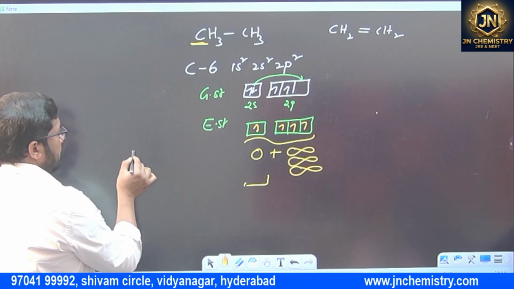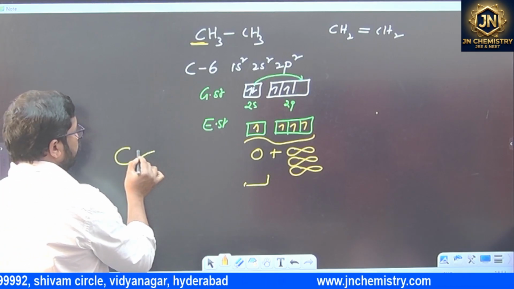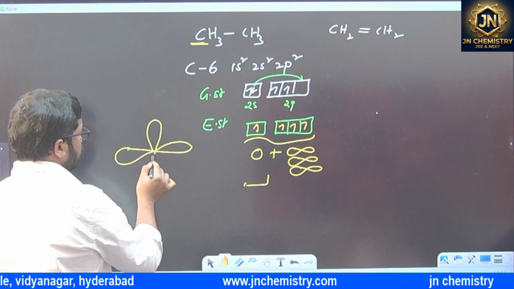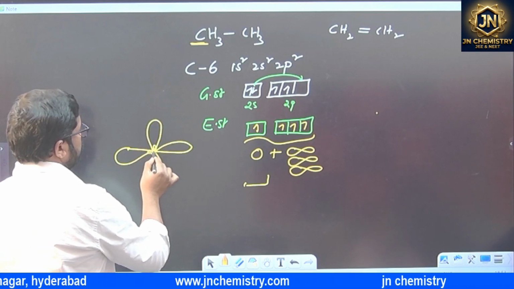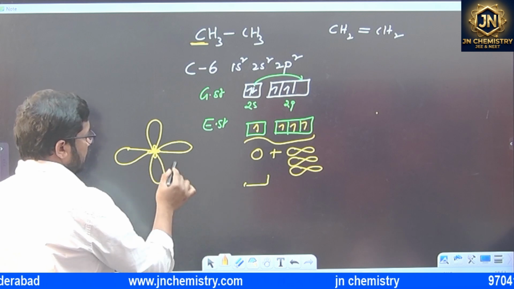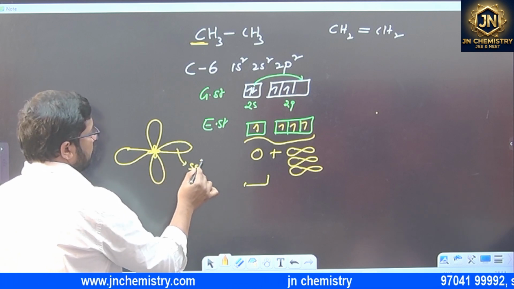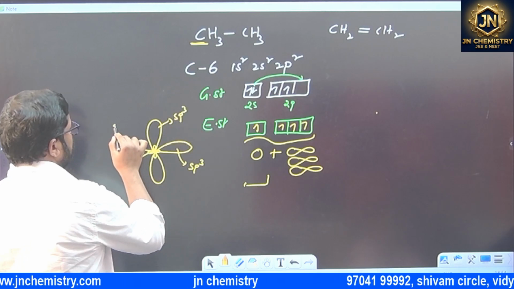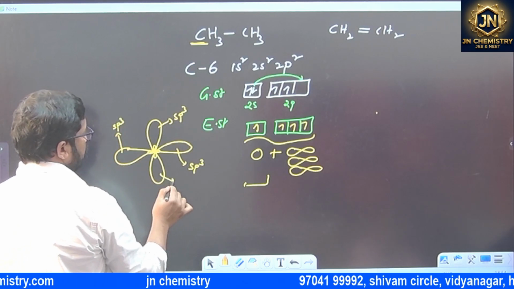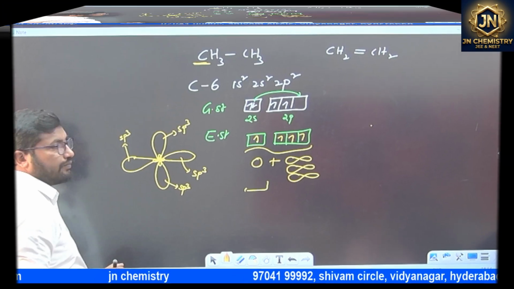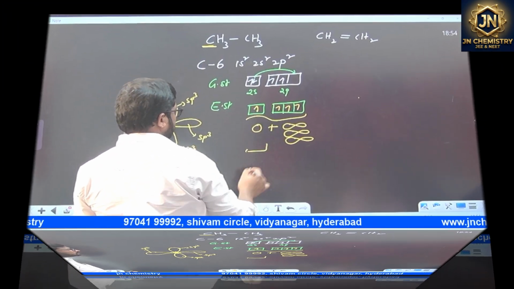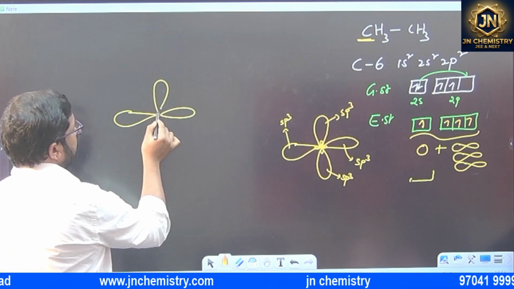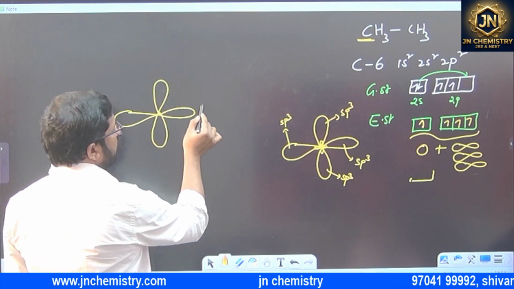So one s orbital, 3 p orbitals, total we get 4 new orbitals. So each is sp3, sp3, sp3, sp3. So here the carbon undergoes sp3. On sp3 carbon, one more carbon.